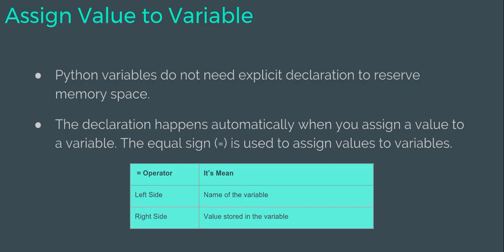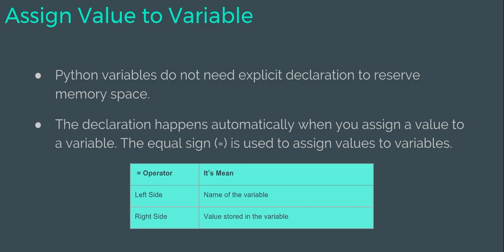In computer programming, an operator is an object that is capable of manipulating a value or an operand. For example, 1 plus 2: in that, 1 and 2 are the operands and the plus symbol is the operator.